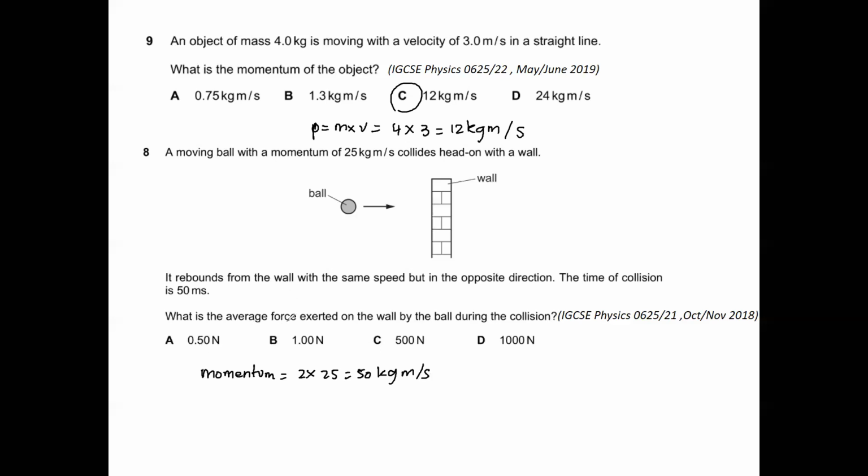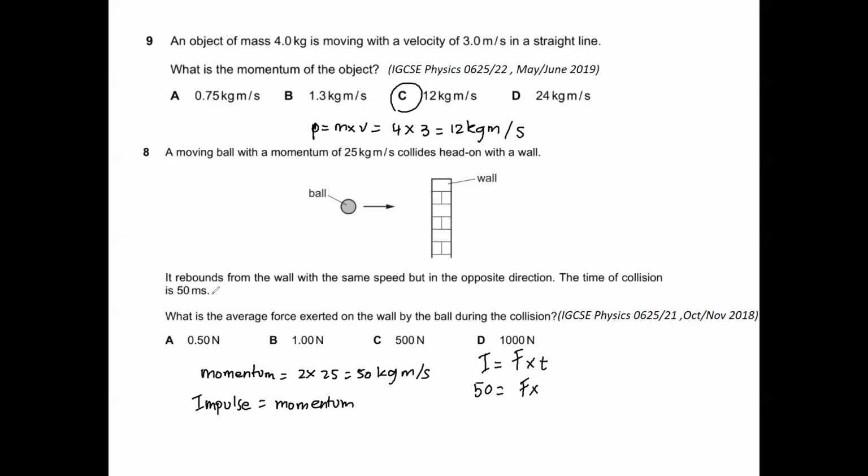And then what is the relation between the force and the momentum? Impulse equals the change in momentum, so we can find the force from the impulse. The formula of impulse is force times time, so we write impulse equals F times t. Impulse equals momentum, and the momentum is 50, so 50 equals the force we want to find times the time.